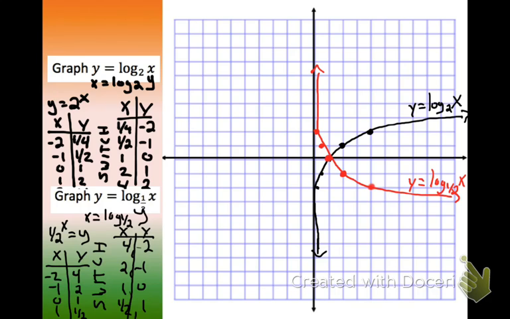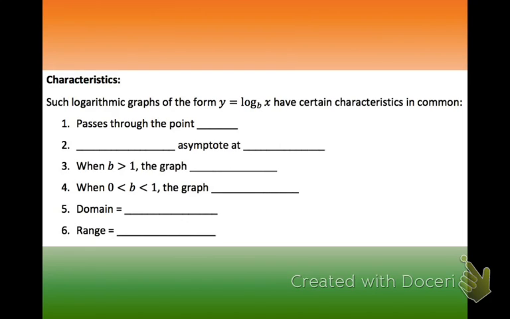So a couple characteristics that these share are they all are going to pass through the point 1, 0. Kind of like exponentials pass through 0, 1. The inverse is you switch it so it passes through 1, 0.